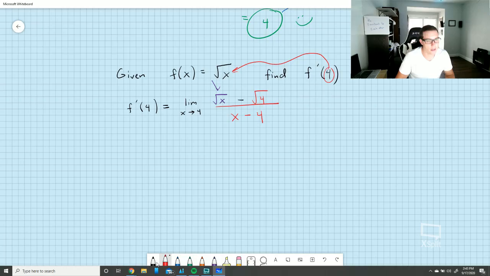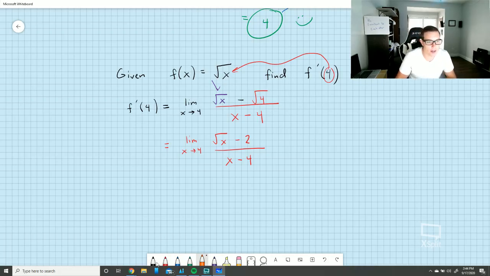F of x minus f of a over x minus a. All right, we can clean up a little bit. And then this should look familiar to you. This looks like another one of the limit problems we've been practicing. Oh my gosh. You can try plugging in. It's not going to work. You're going to have to do some simplifying.